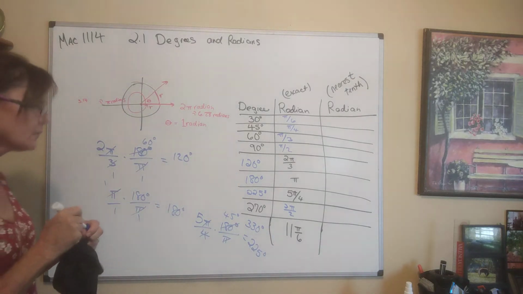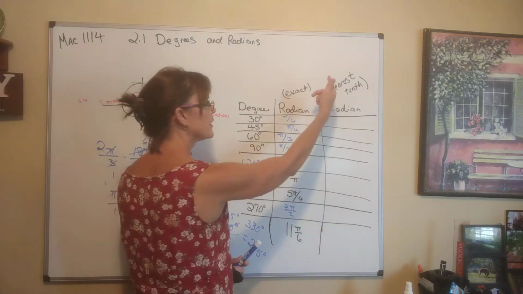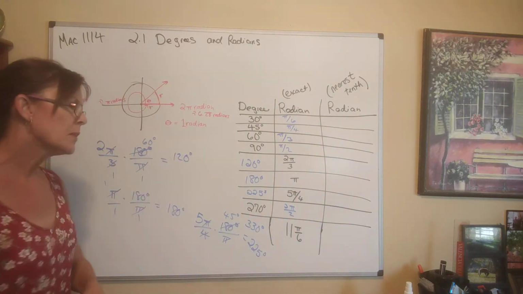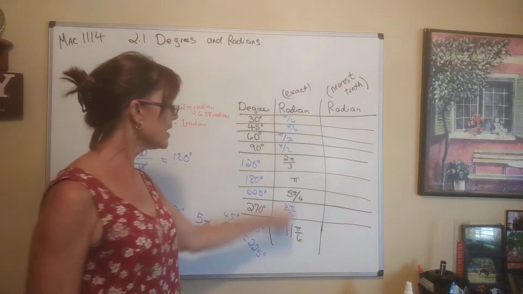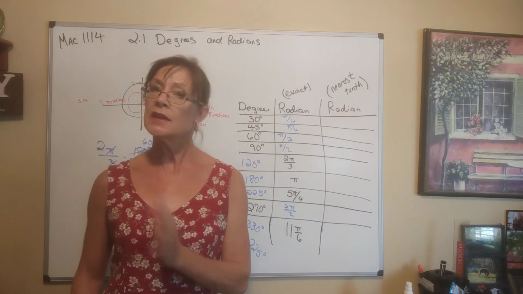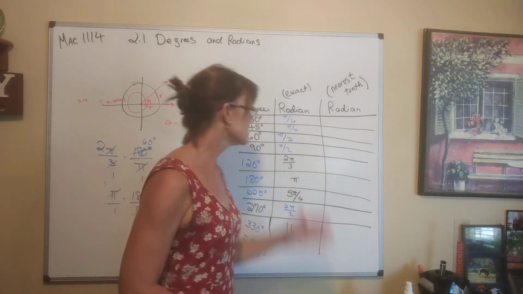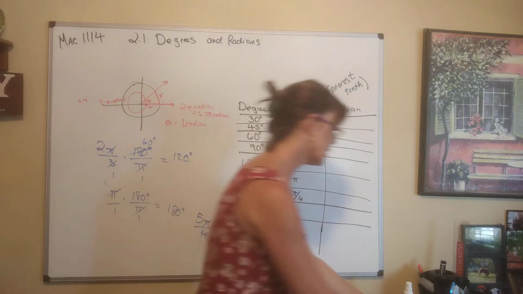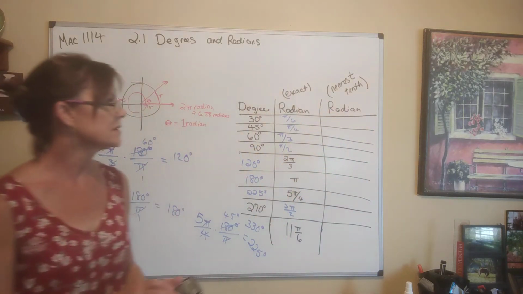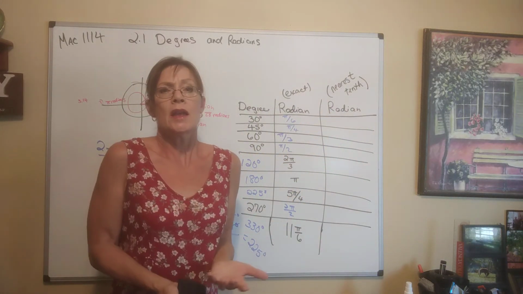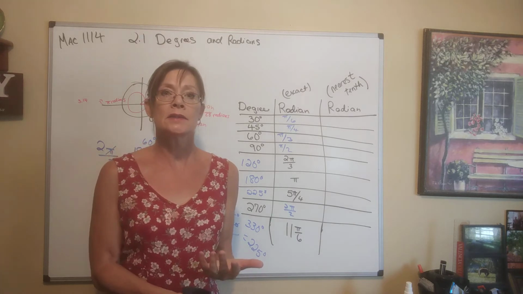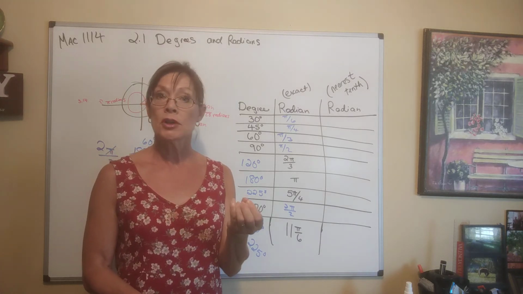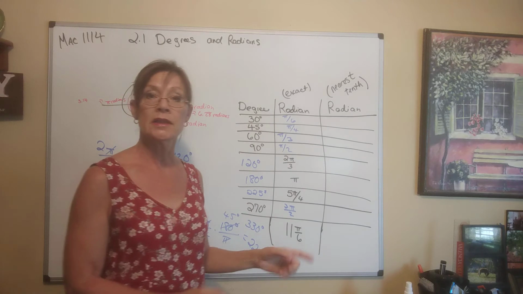Now, this is the other category of radians. Some people think that you always have to have a pi involved for it to be in radians, and that's not true. Radians is just a number. So if we want it not in exact form, but to the nearest tenth, in some angles you cannot put it in exact form because you can't put it in terms of a fraction like this.